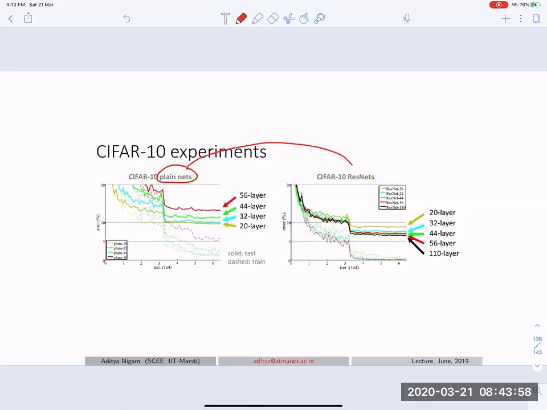And this was the residual net. They are saying that if you increase layers like this, your loss is not getting down. And if you are increasing your layers as we have said, your loss is actually getting down. This black is for 110 layers. Got it? Done? Okay.